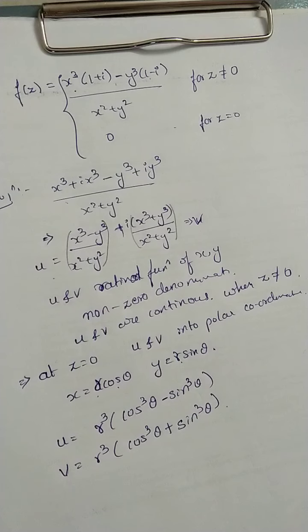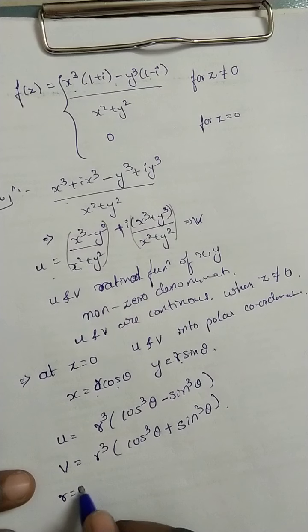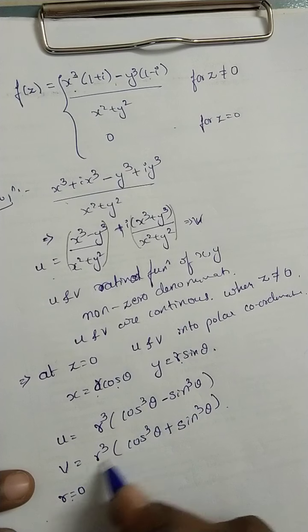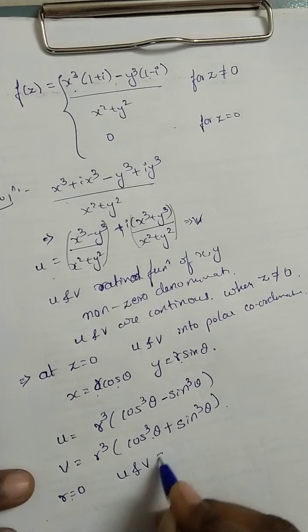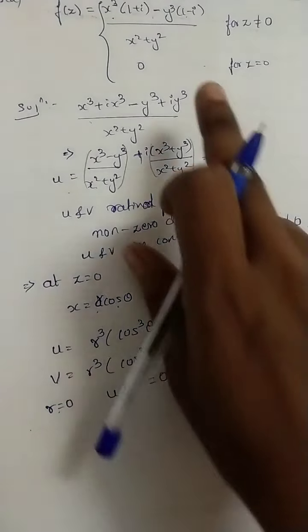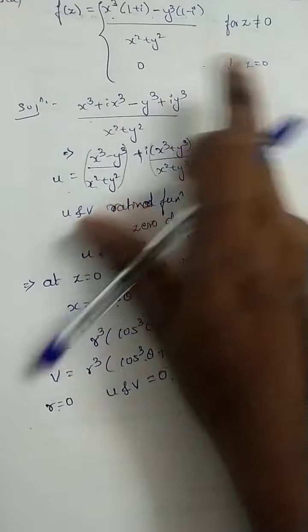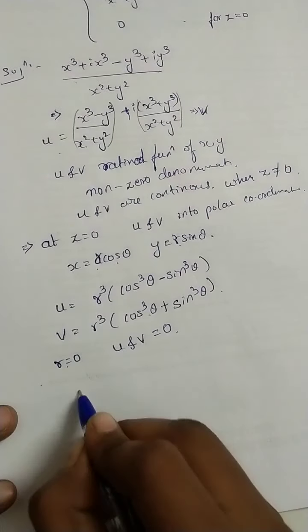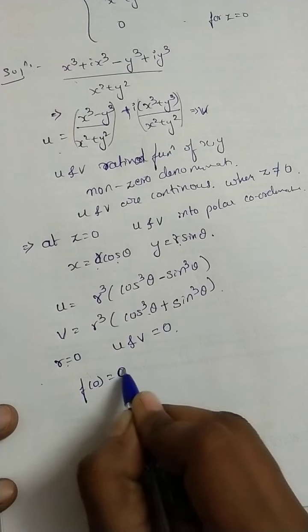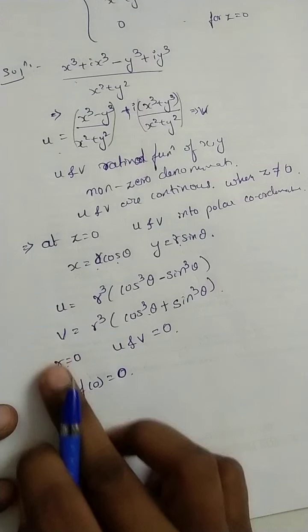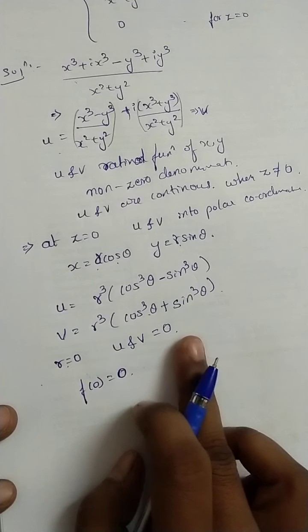So u and v both tend to 0 when r tends to 0, right? When r is equal to 0, it is a multiple of r, so u and v both will be equal to 0. Since they have given the second option, for z equal to 0, f of z is equal to 0, so f of 0 is equal to 0. Both u and v tend to 0 when r tends to 0.